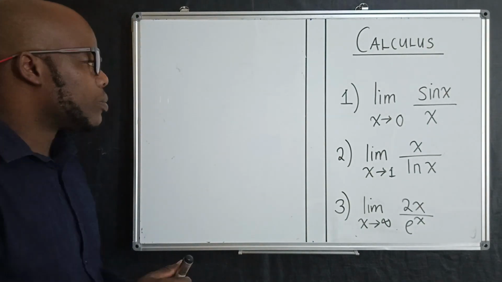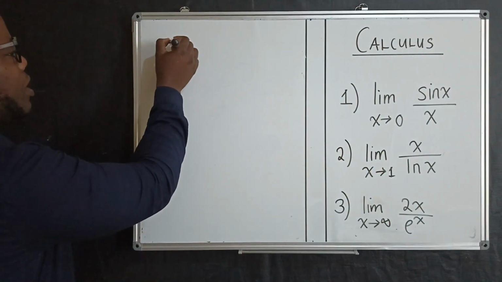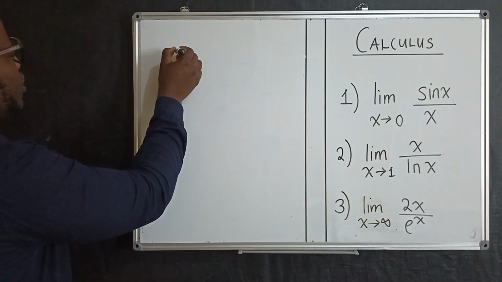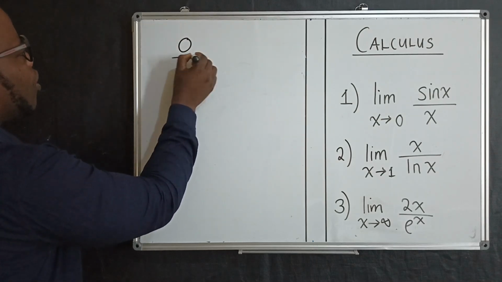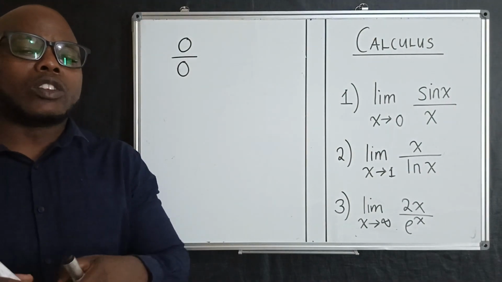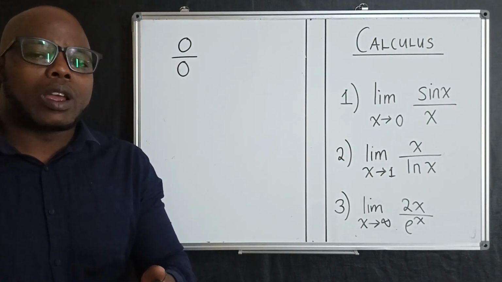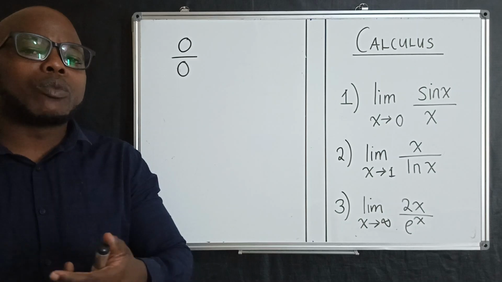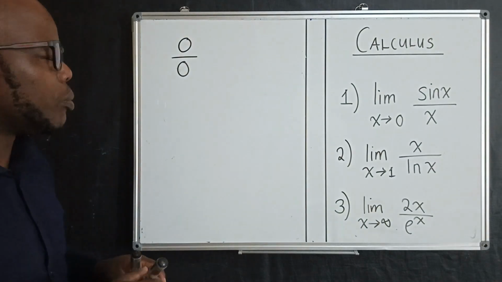So here you have to know that in mathematics, when you've got 0 over 0 as the solution, it's not acceptable. So you have to do something to change the denominator.